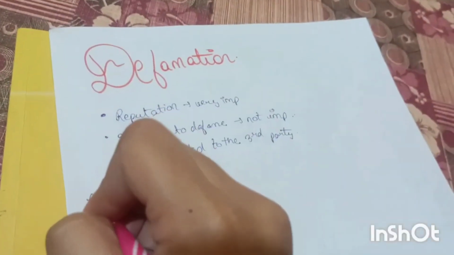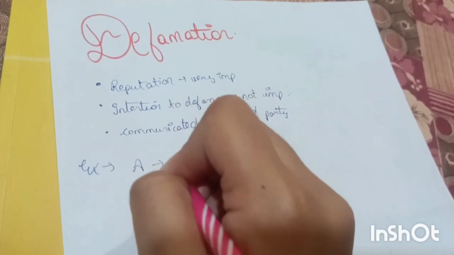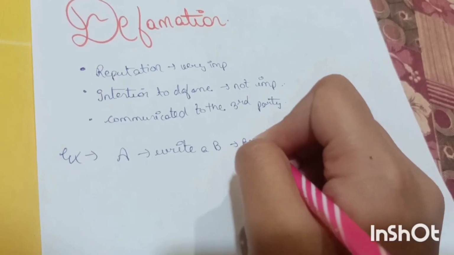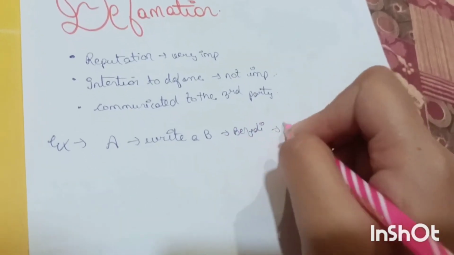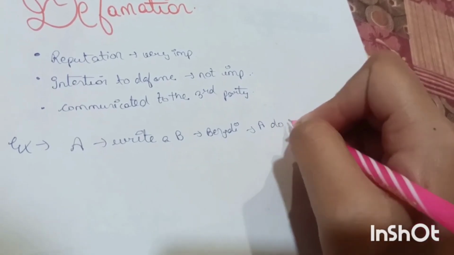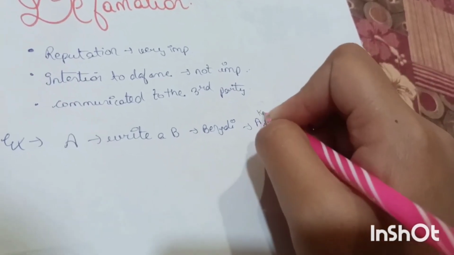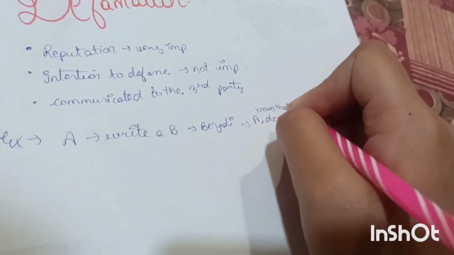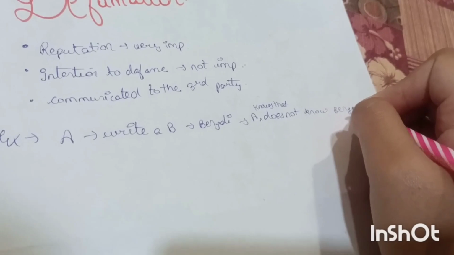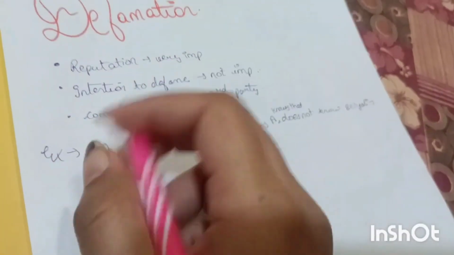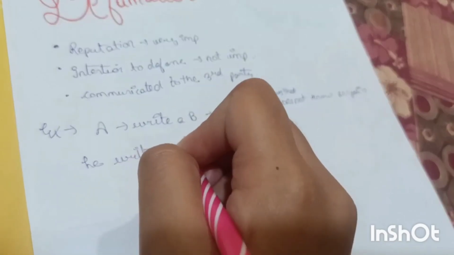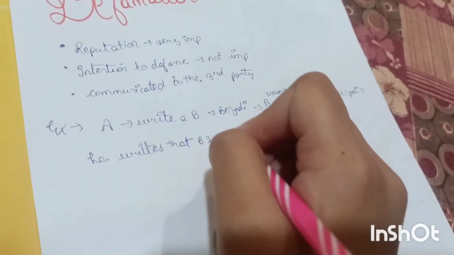So let's understand this through an example. A person A writes a letter to person B in Bengali, and A knows that B does not know Bengali, but still he writes that B is a thief.